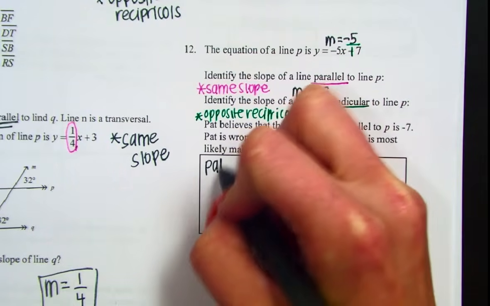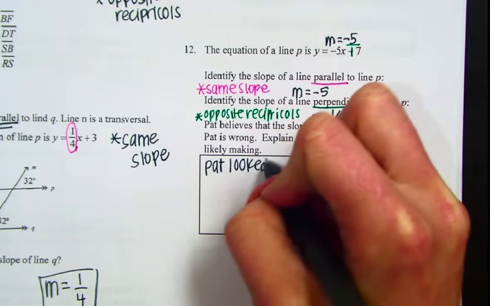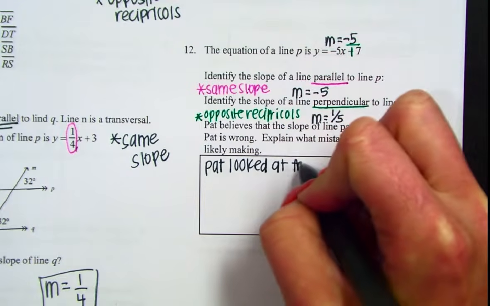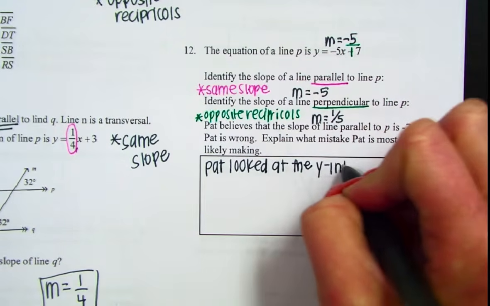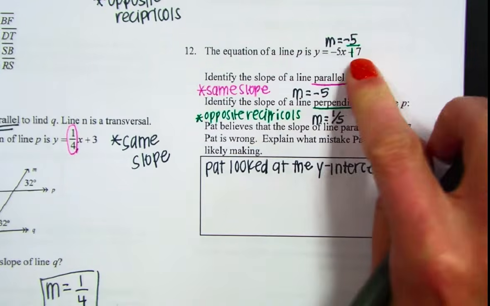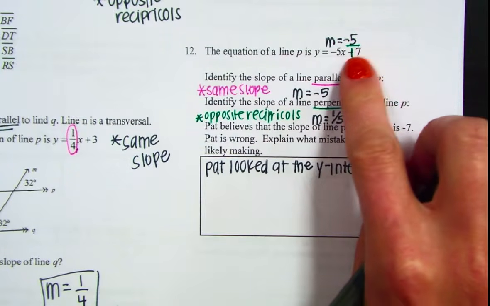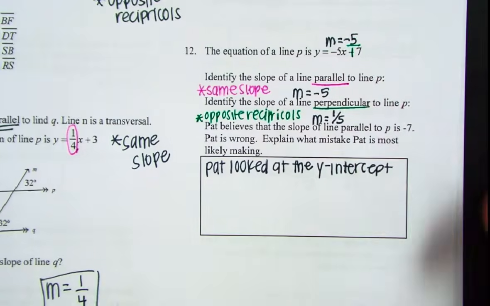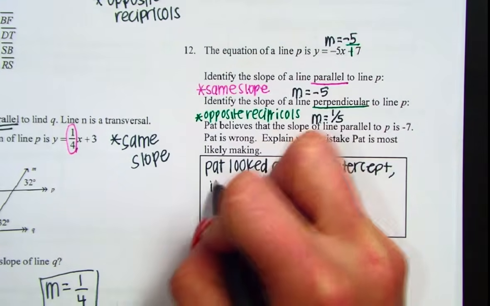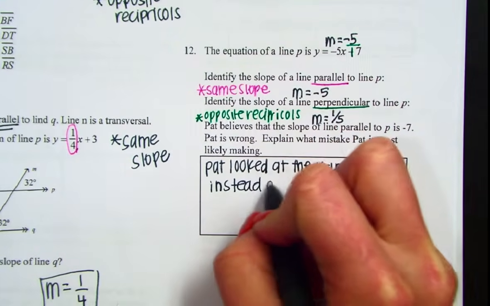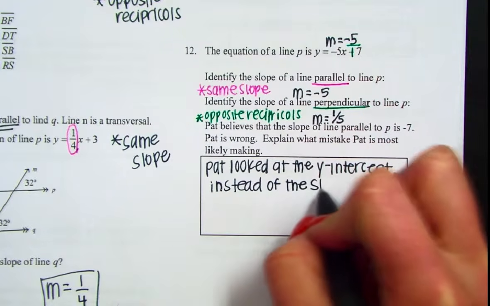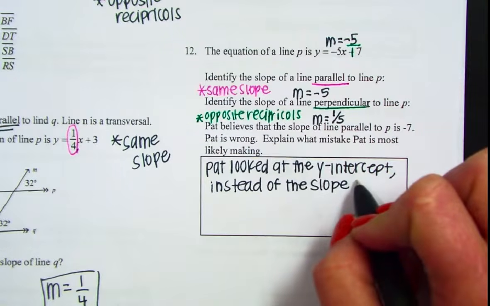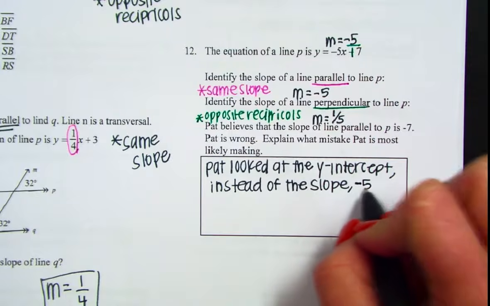So Pat looked at the y-intercept in the equation, -7, instead of the slope. And the slope was -5.